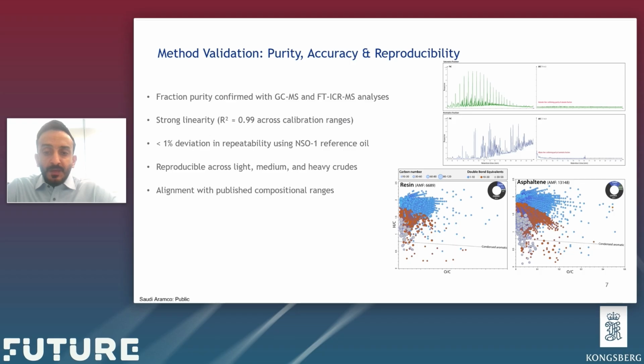The method showed less than 1% deviation across multiple runs over a 7 months period, which is better than most conventional SARA workflows. Most importantly, results are consistent across different crude types, and the values align well with the ranges reported in the literature for the same classes of oils. Again, this gave us really high confidence in the reproducibility of the method that we are introducing.